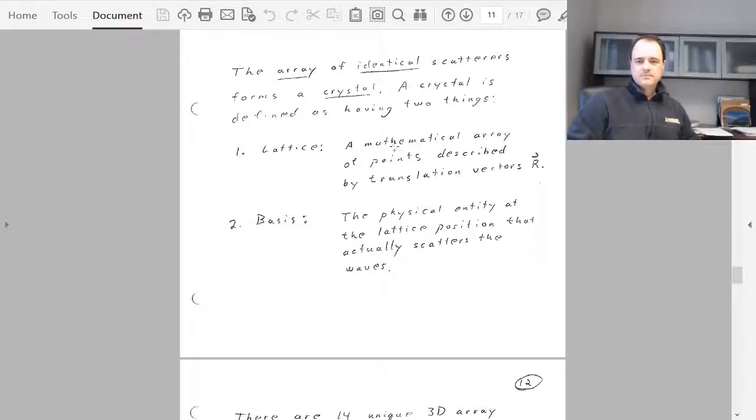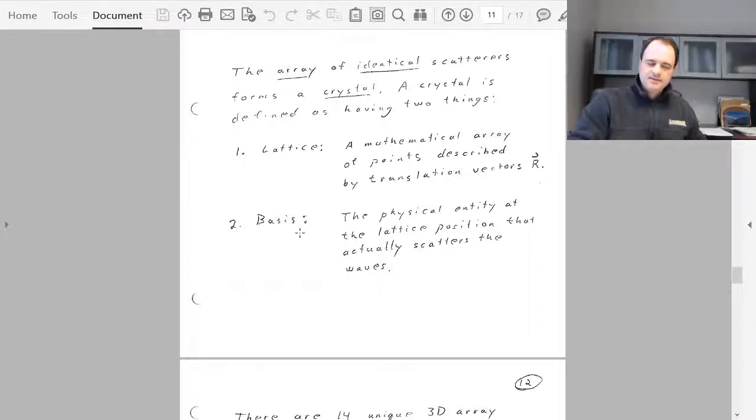So the keyword here is mathematical, meaning that it's not physical. There's nothing physical to touch or feel about a lattice. It is just the mathematical array of points that will be the location of our items. Silicon atoms in a silicon crystal, carbon atoms in our diamond crystal, and so forth. The lattice is the mathematical array of points that gives us the locations of those atoms.